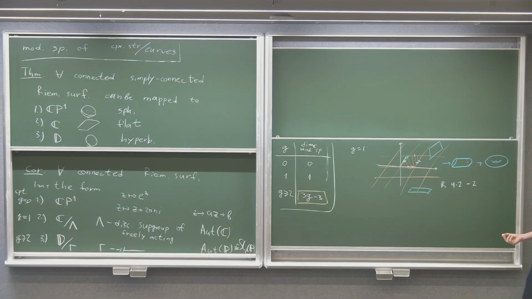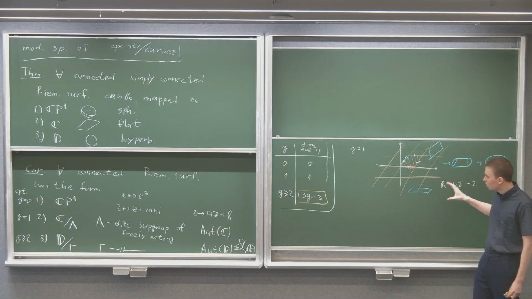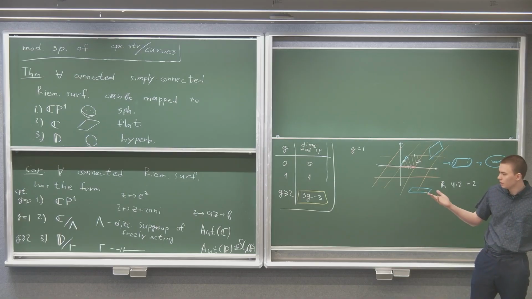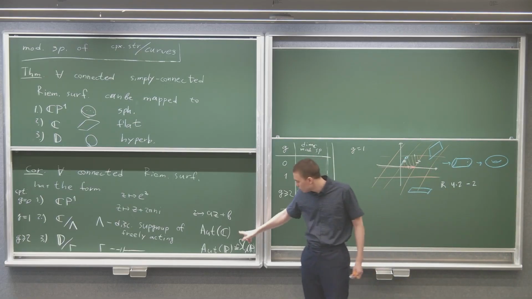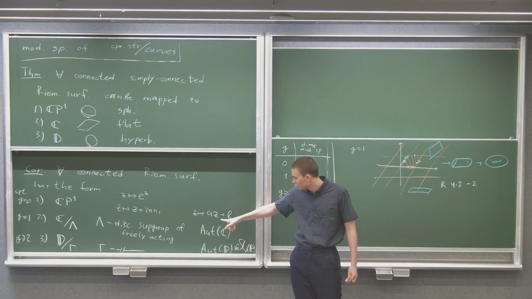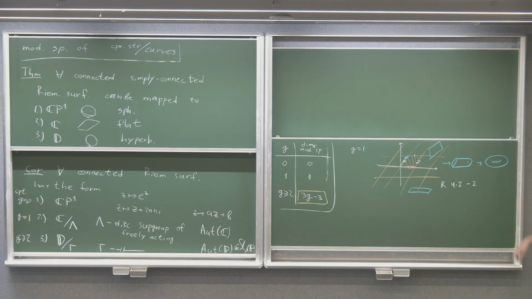But then I also have the freedom of automorphisms of my complex plane, because I know that all of these curves are distinct up to automorphisms of the appropriate model. As we already mentioned, the automorphisms of the complex plane are of the form Az plus b, where A and b are complex numbers, and A is non-zero. So basically it's translations, rotations, and homogeneous scaling.